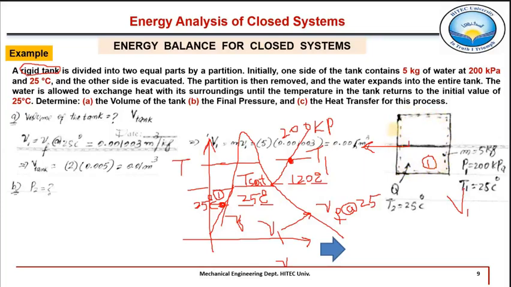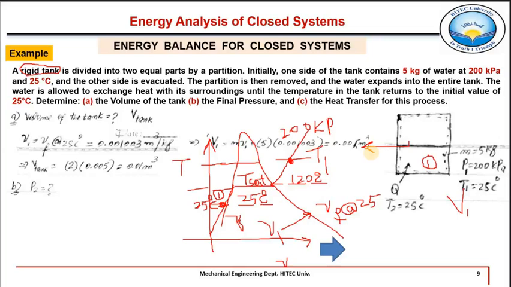So the total volume of this tank is actually V2, the total V2, which we have calculated as V tank, divided by the mass, because now the volume of the water is increased when the partition was removed.